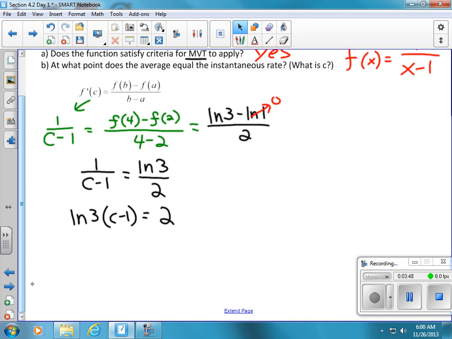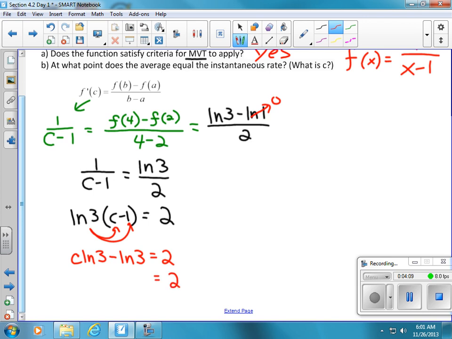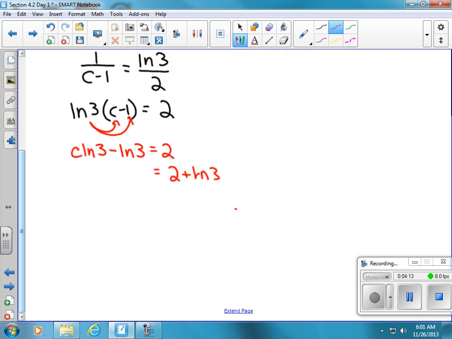All right, now we have to distribute our ln3 to both of these. ln3 is just a number. So c ln of 3 minus ln of 3 equals 2. So we have 2, add ln of 3 to both sides. I'm doing a little algebra here.